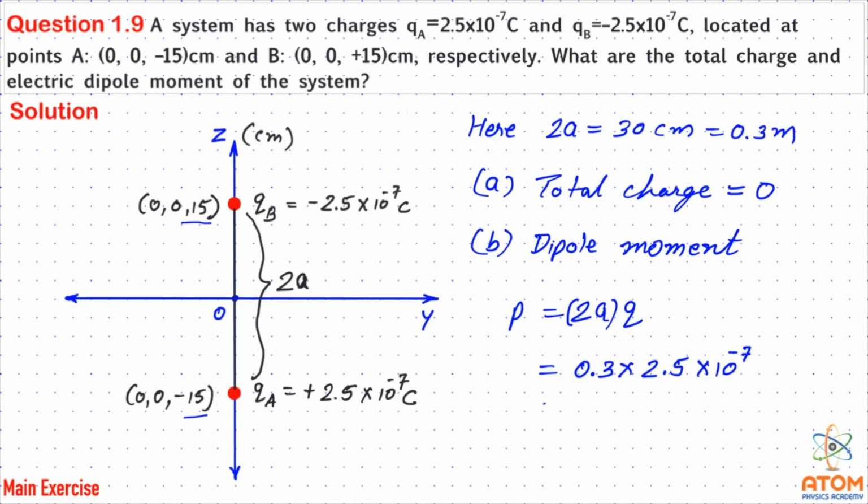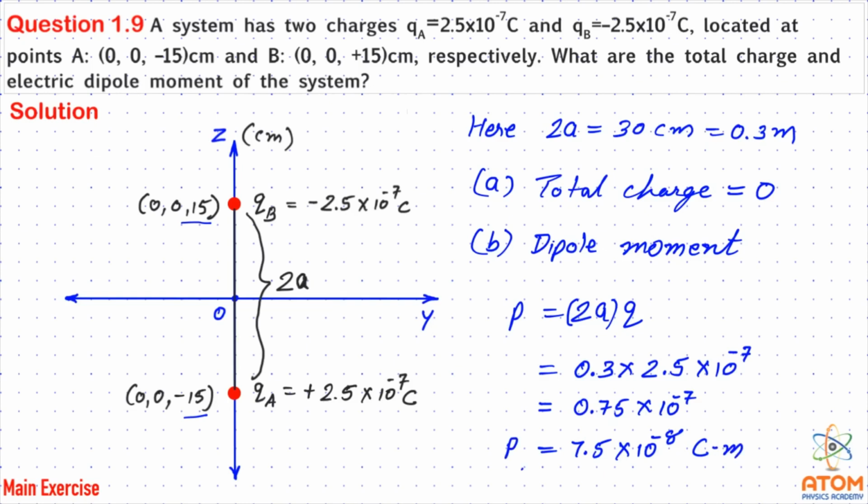No negative value is taken in this dipole moment. So this will be 0.75 into 10 raised to minus 7, or you can write 7.5 into 10 raised to minus 8 coulomb meter.